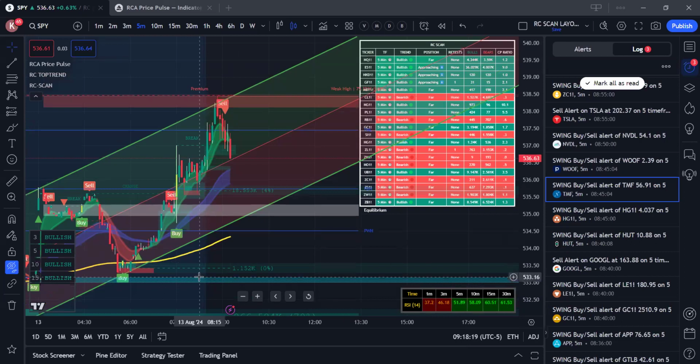Overall trend is bullish. It went from the bottom, right? This is where you have a buy order block. You got a buy signal.